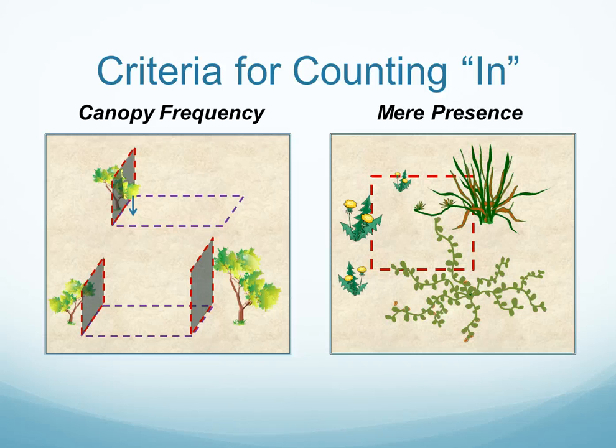And in this situation, what we're looking at is any presence of a plant part in the quadrat or in the volume above the quadrat is considered as presence.